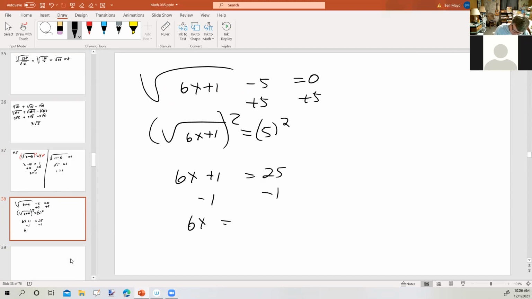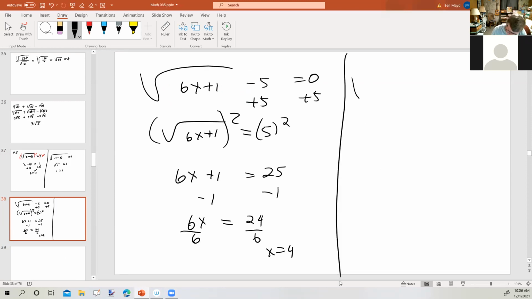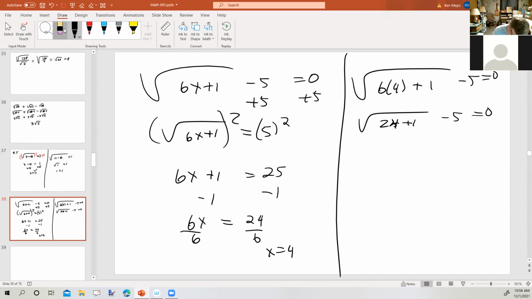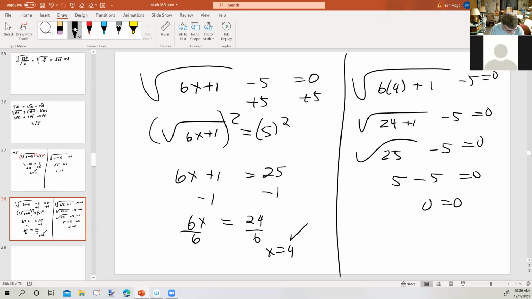And we'll subtract 1 from both sides, divide by 6, solve for x, and substitute the 4 back inside the radical. We get the square root of 25 minus 5 is 0. 5 minus 5, 0 equals 0. So that checks.